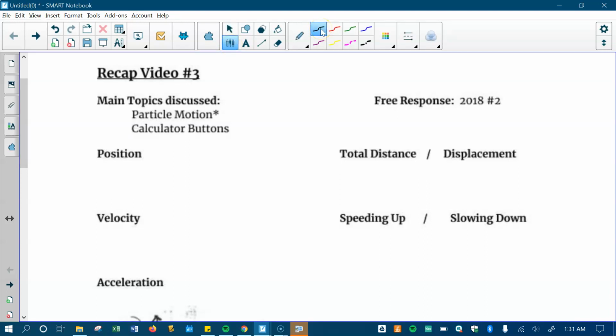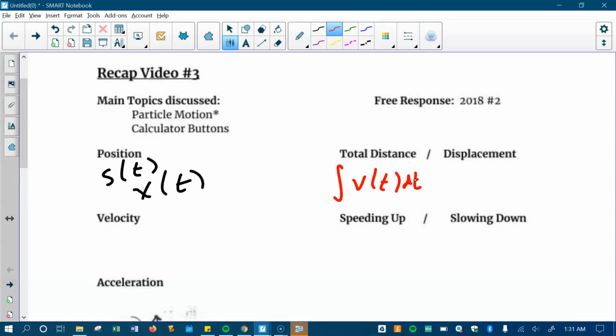So position is the location of where an object actually is at a certain time. The different names that they'll give for you are s of t and x of t, the main ones that I've seen. Total distance would be the integral of velocity.